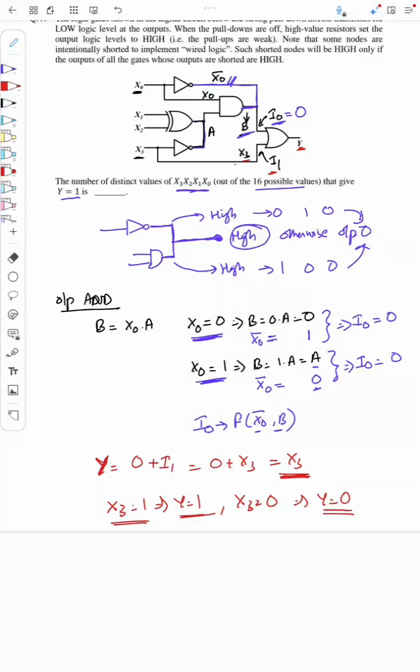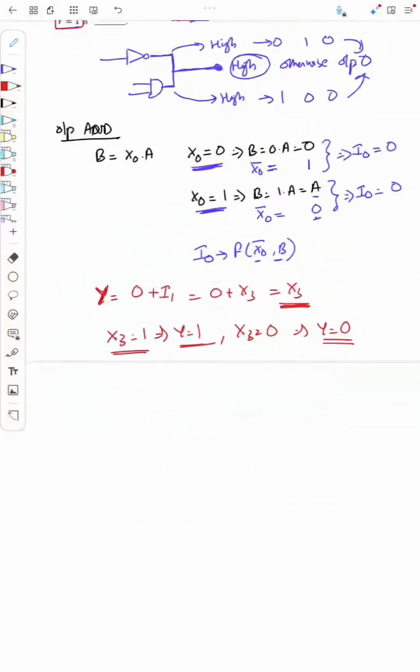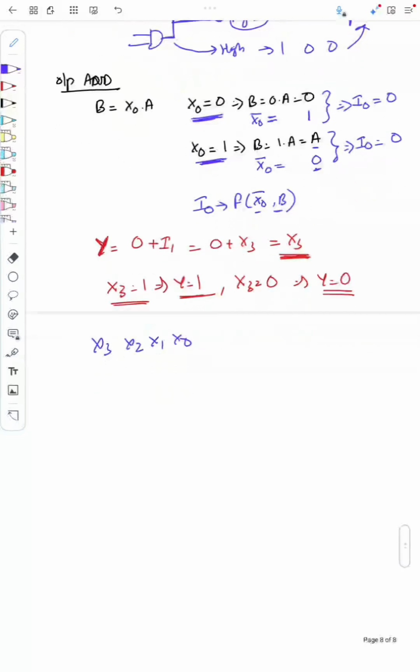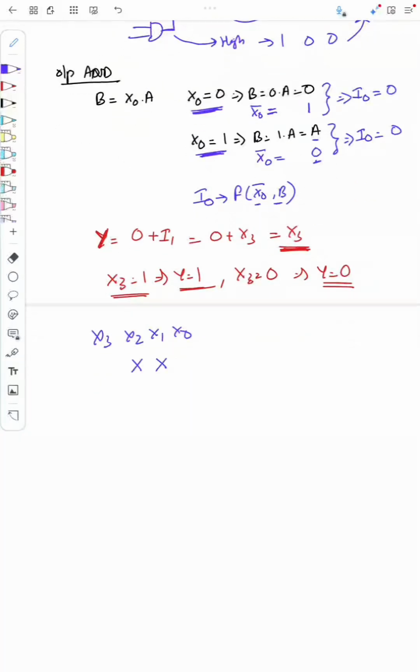Right, now the question is for what number of values of x3, x2, x1, x0, y is 1. Which means y is 1 for all values with x3 equal to 1. Right, so how many values will be there? We know we have x3, x2, x1, x0. We don't care what the values of x2, x1, x0 are.